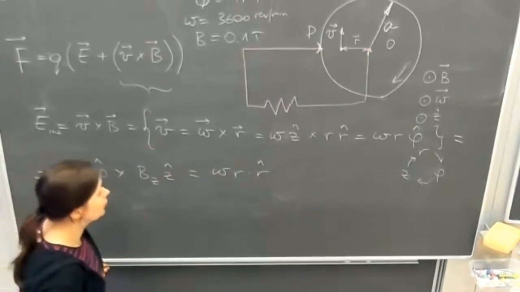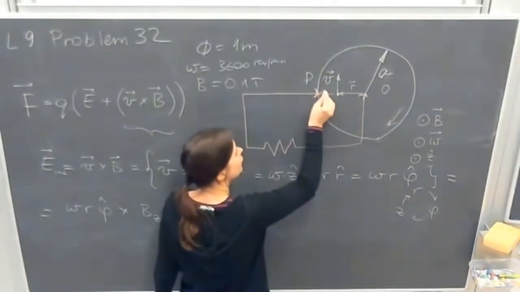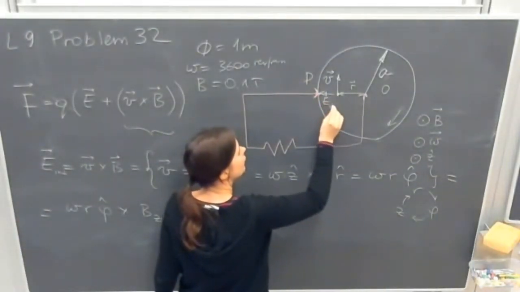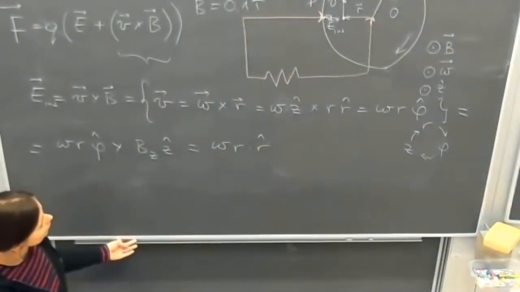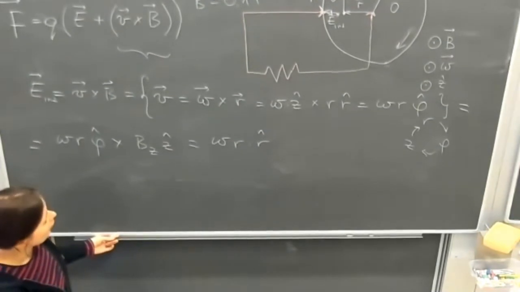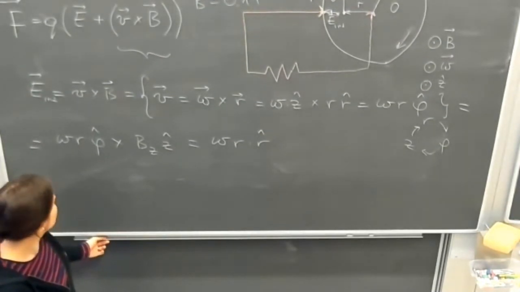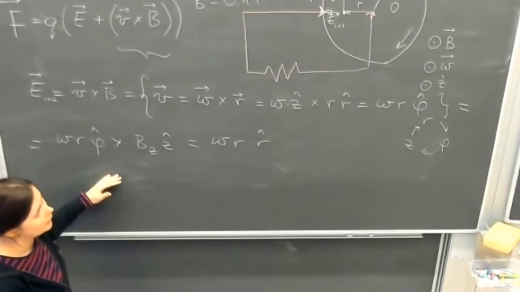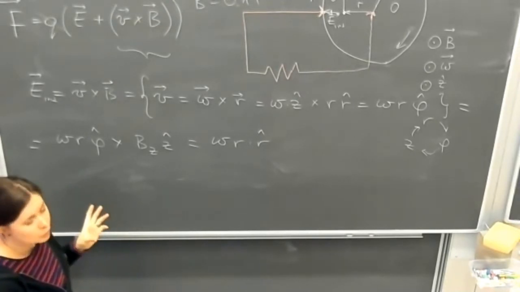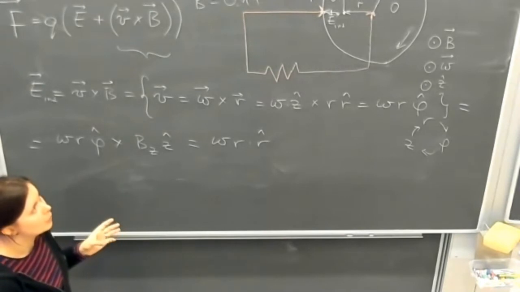So the induced electric field will also be in the r direction. Here we found the electric field, and we have those two sliding contacts which provide the induced voltage.